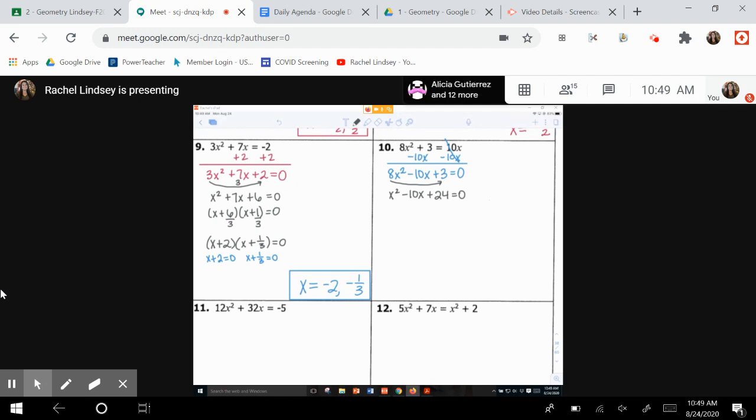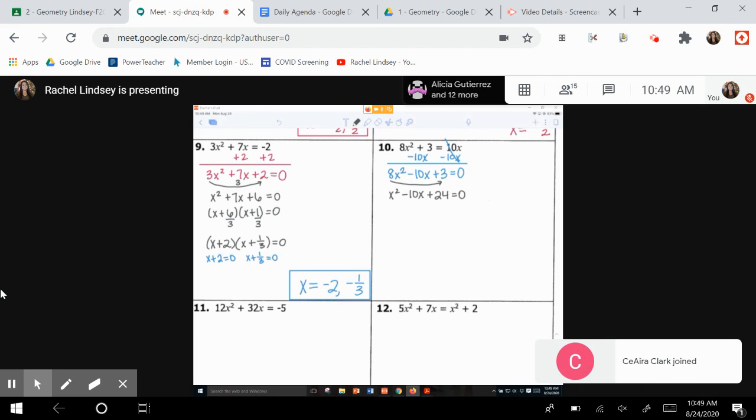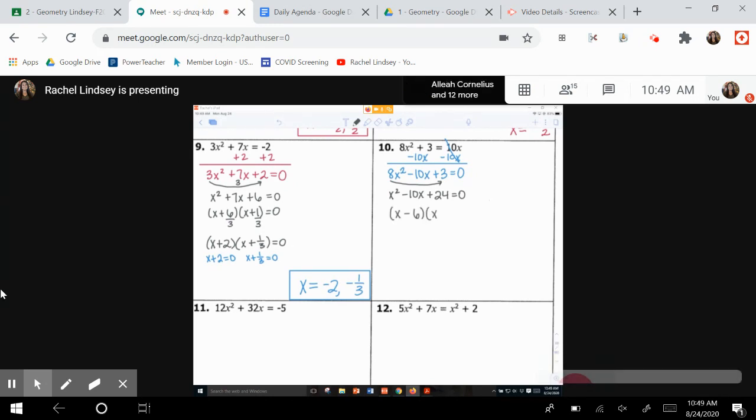What two numbers multiply to give you 24 and add to give you negative 10? Negative 6 and negative 4. If you did negative 12 and 2, that would add to give you the negative 10, but it will multiply to give you negative 24, which we needed to be positive. So both of them needed to be negative.